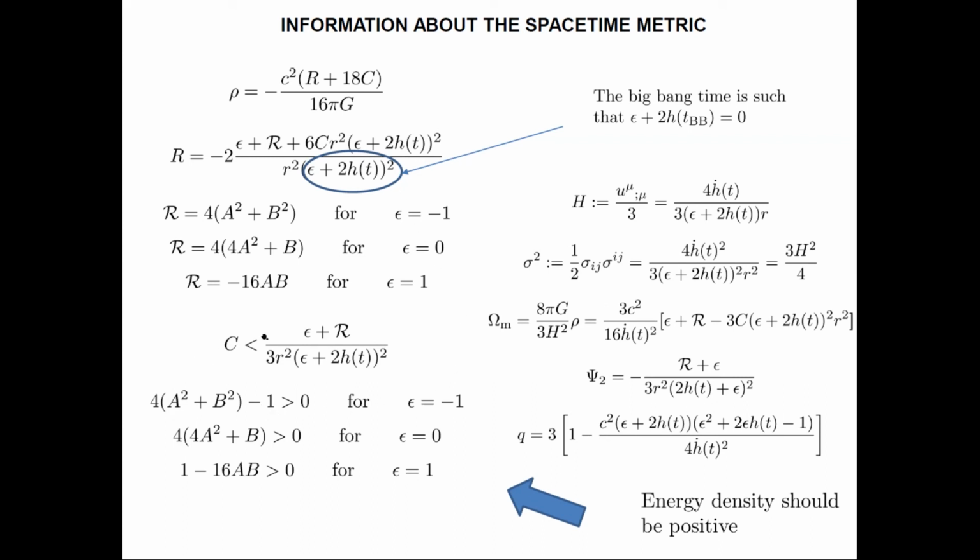And so this naive requirement would set a constraint on the constant C, which is the bag energy of the model, and some constraint as well on the quantities A and B. Then we can compute easily, or find in some literature paper, the Hubble function, and you can see why I have said that this factor h of t is a sort of a scale factor, and you can also see that a positive time derivative would imply an expanding universe.